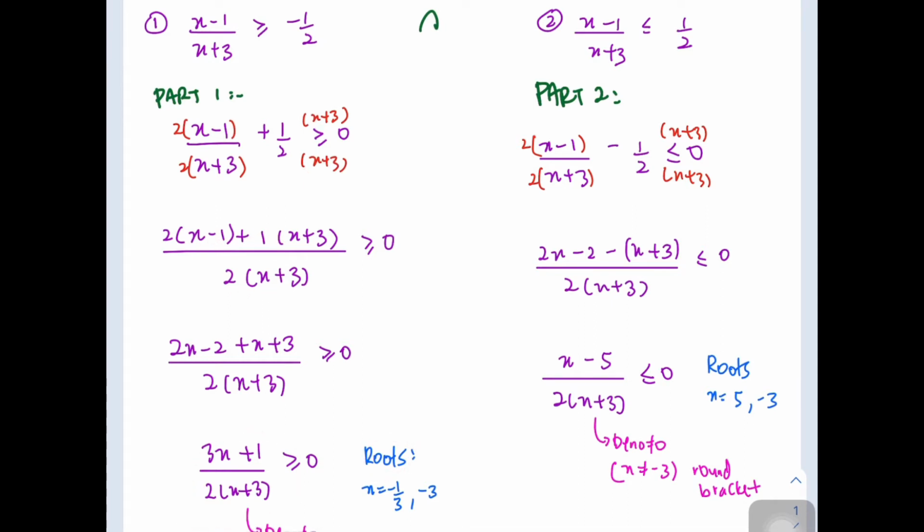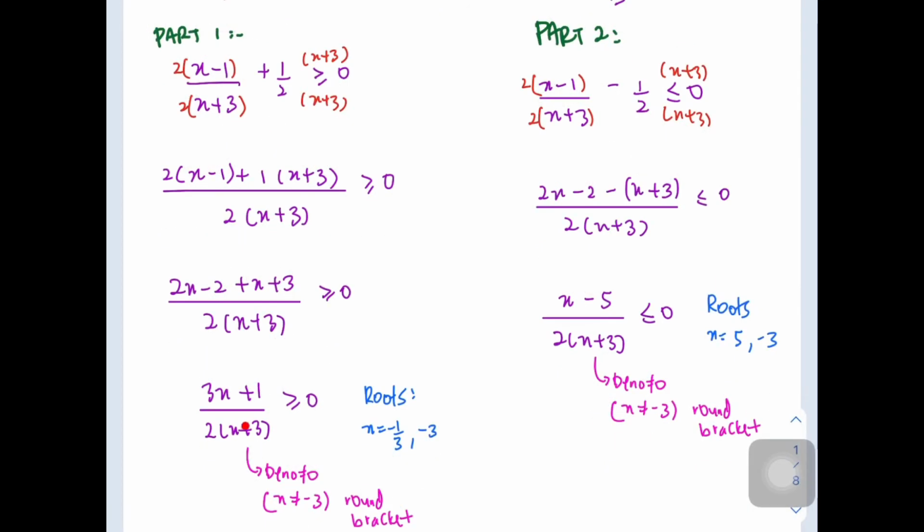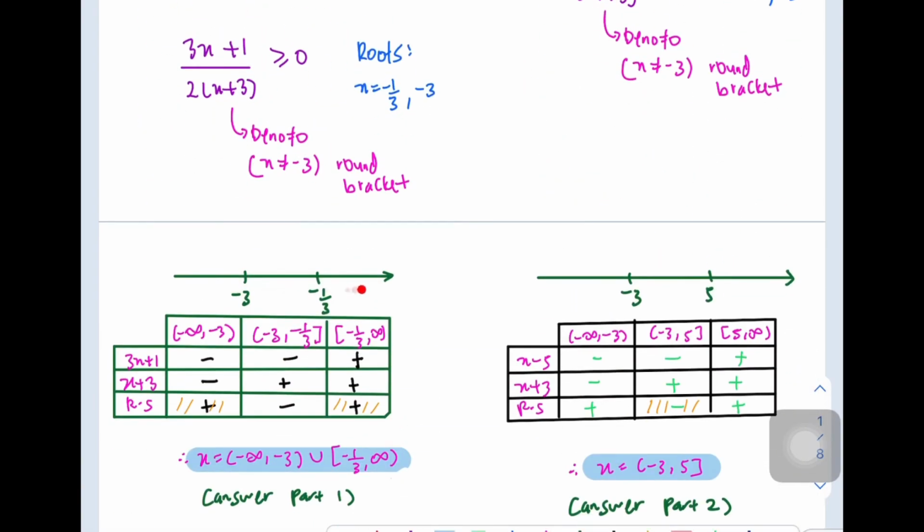Now let's read your roots. x is equal to negative 1 over 3. Another one, x is equal to negative 3. Be careful, the denominator cannot be equal to 0. So later when we do the sign table, at negative 3 we cannot use a square bracket, we need to use a round bracket. At negative 1 over 3, we can use a square bracket because the question includes the equal sign.